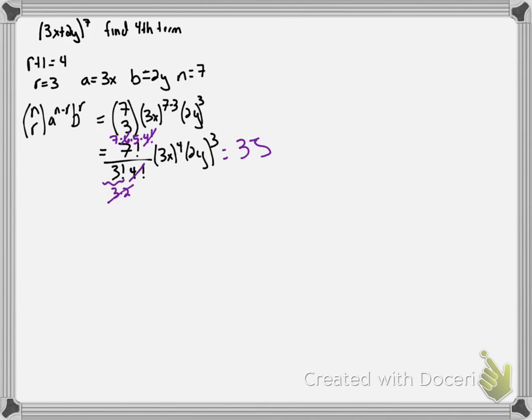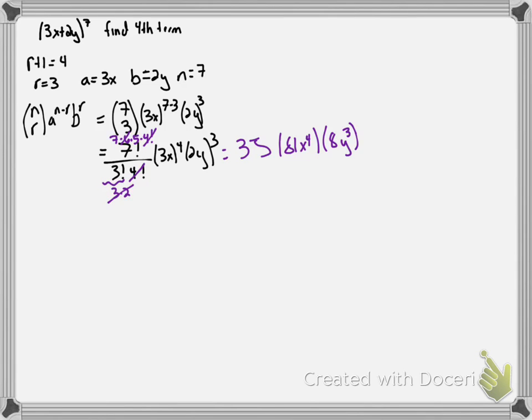I think that's 81, but again, I'm going to double check so that we don't get this whole problem wrong. 3 to the 3rd is 27, 27 times 3 is 81. Okay, so 81 x to the 4th, 8 y cubed.